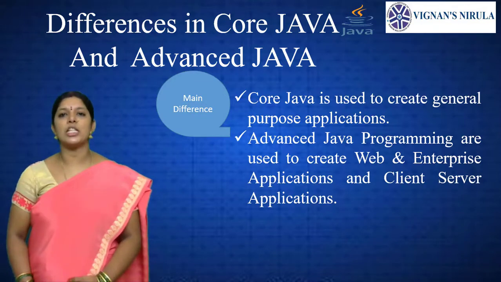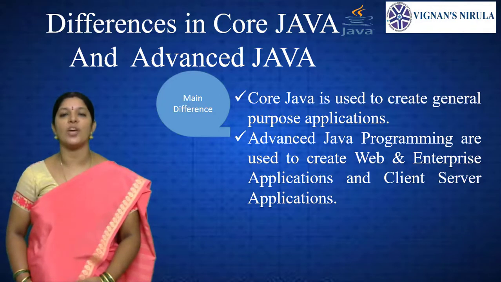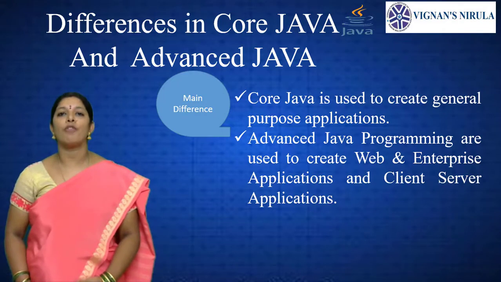Let's come to the differences between core Java and advanced Java. Core Java covers the fundamental concepts of Java programming and is used to build general purpose applications, whereas advanced Java is used to develop web-based applications and client-server architectures.